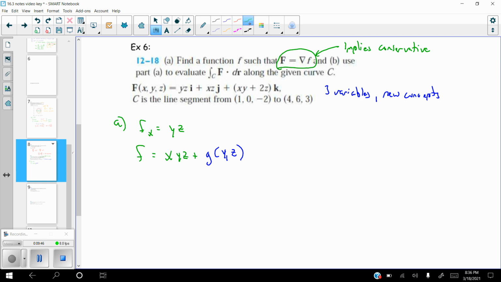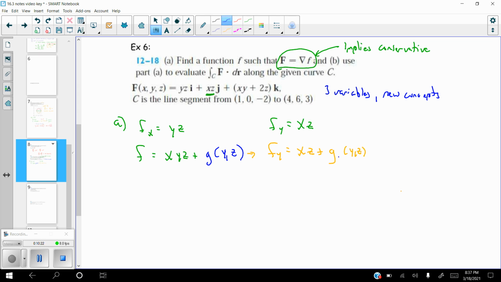We're going to go back to green because the rest of this, at least initially, is going to be the same idea. So f sub y, well, that's this piece, that's xz. And then if I was to take the derivative of the original function with respect to y, that's going to give us, taking the derivative of the first part with respect to y, xz, plus, and I'm only going to do part of this in blue, g sub y of y,z.